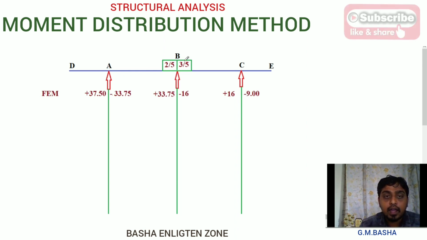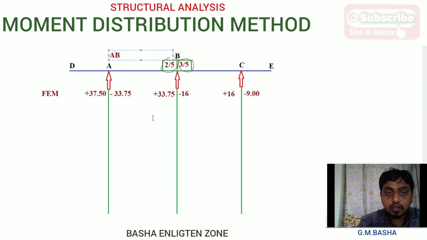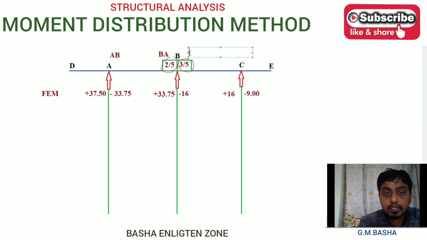See here, I am mentioning the BA distribution factor here and the BC distribution factor here. To mention it clearly, this part is related to AB, this part is related to BA, and similarly this part is related to BC.